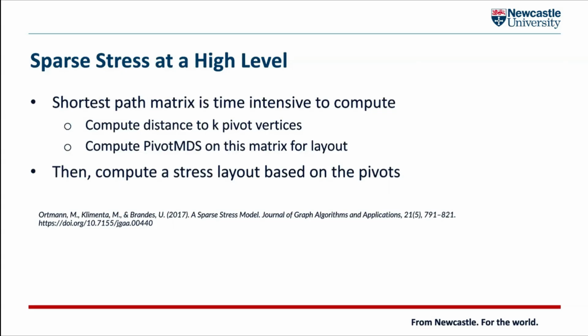On the sparse stress model, what you do is you do a graph drawing version of that with k vertices. And then you do stress or Kamada-Kawai-like things to lay out the graph. So now you can't tell the difference between high-dimensional data or graphs, pretty much, with all of these sorts of things.